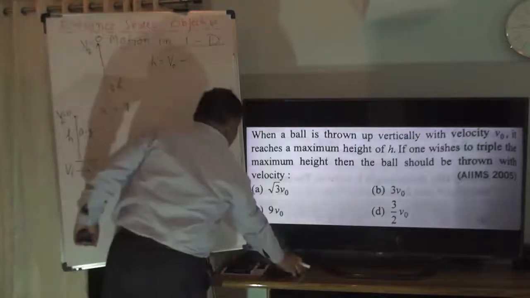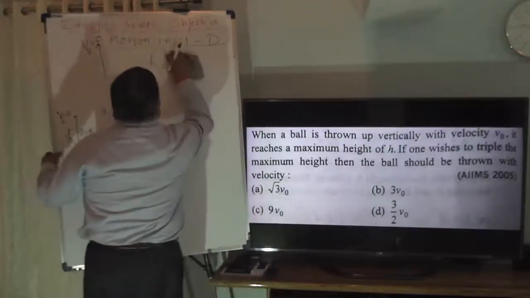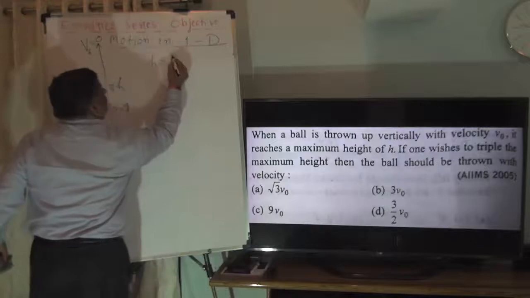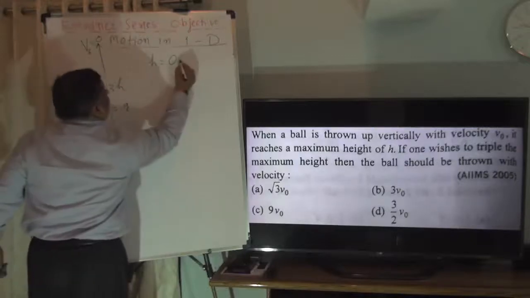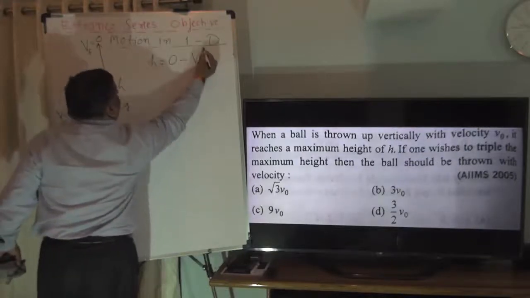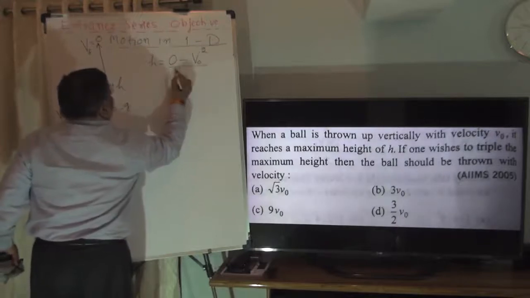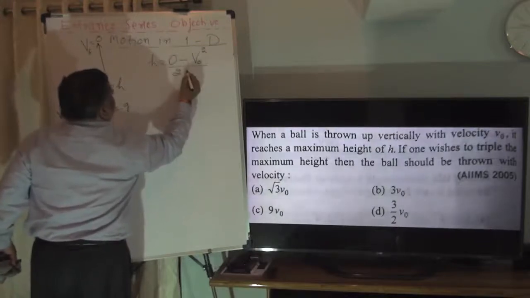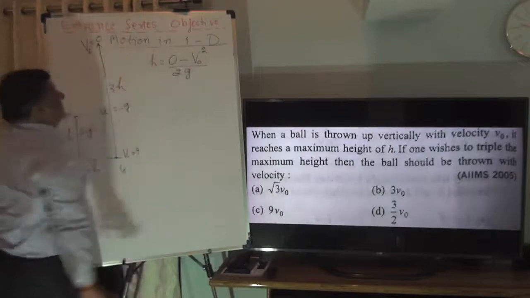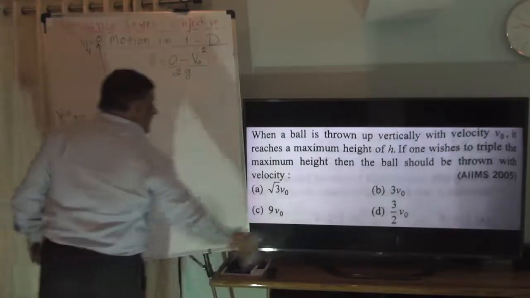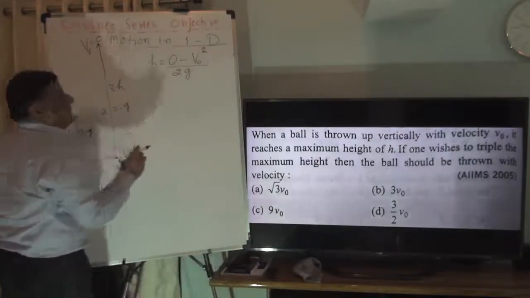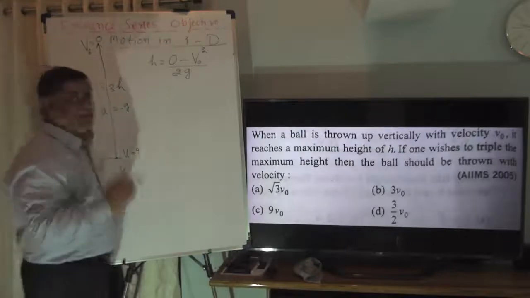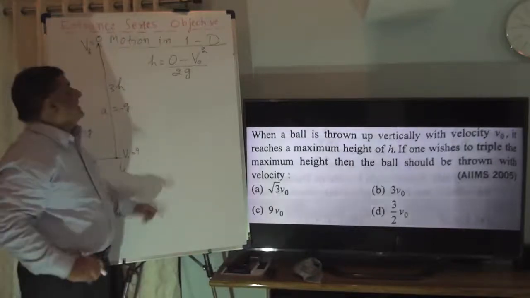We will use that formula. So h is equal to v square, which is 0, minus u square, divided by 2 times acceleration g here.